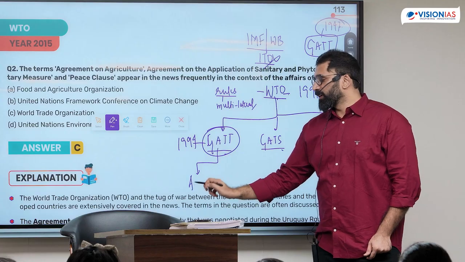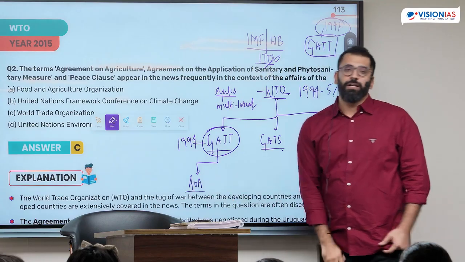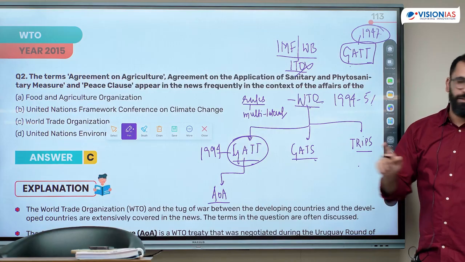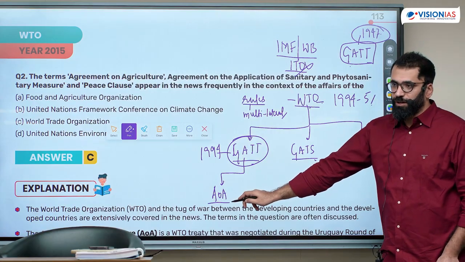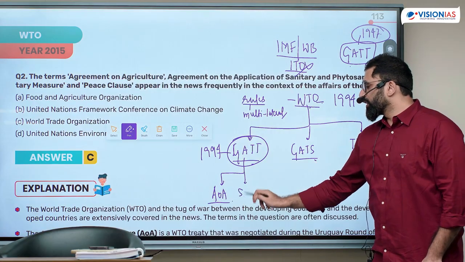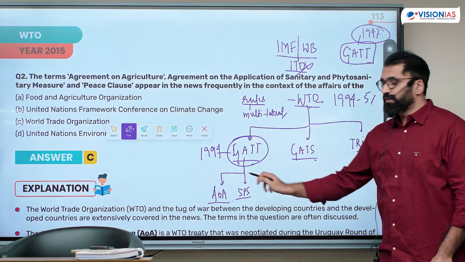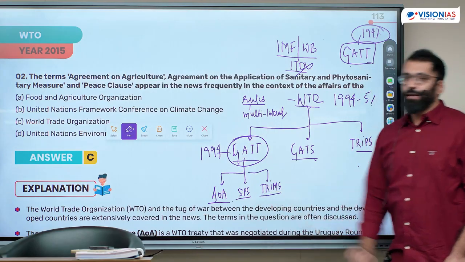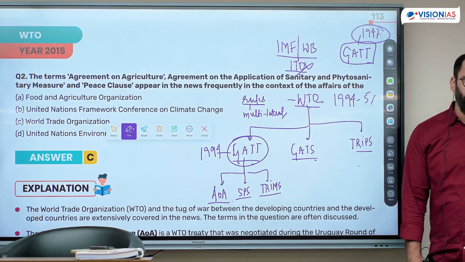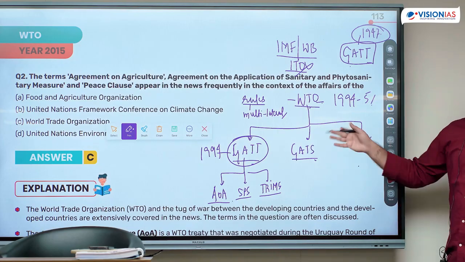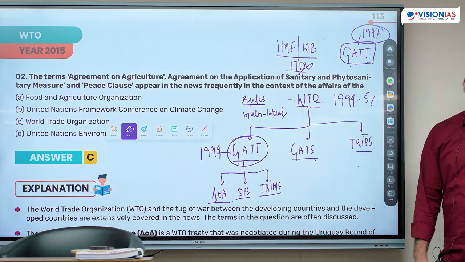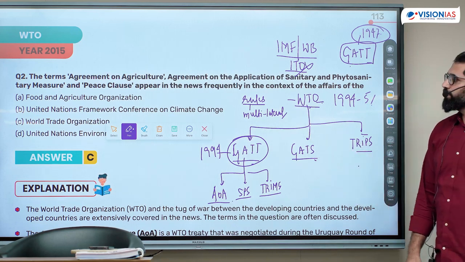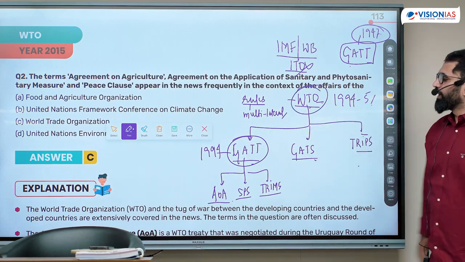For example, one of the agreements was agreement on agriculture. पिछले GATT में agriculture trade नहीं बढ़ रहा था. They introduced a new agreement on agriculture. They introduced an agreement on sanitary and phytosanitary measures. They introduced an agreement on investment measures, TRIMS. Also, GATS and TRIPS had their own schedules for whatever was negotiated in the 1986 round. All of this happened under WTO.